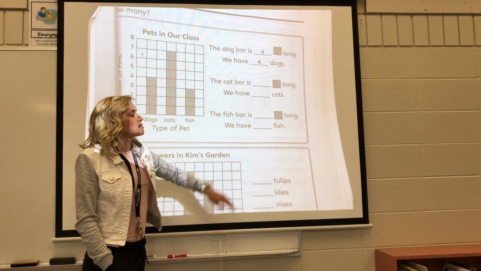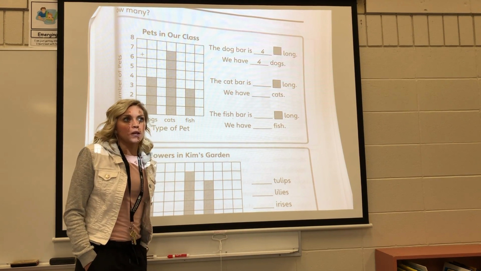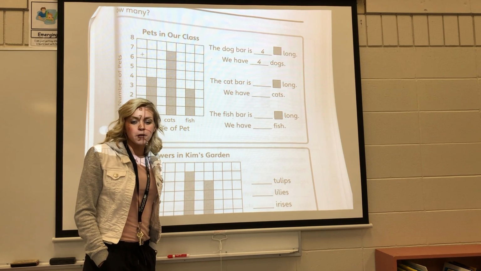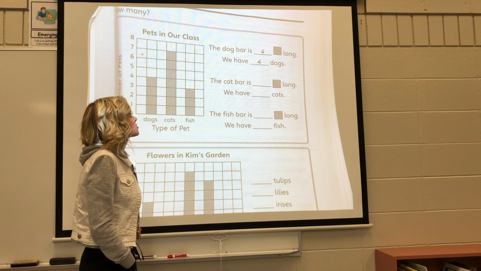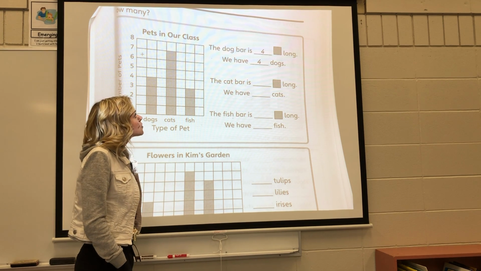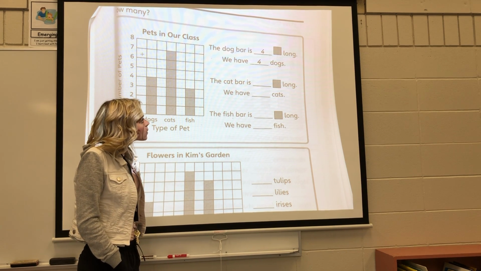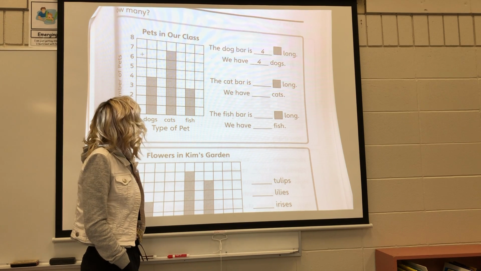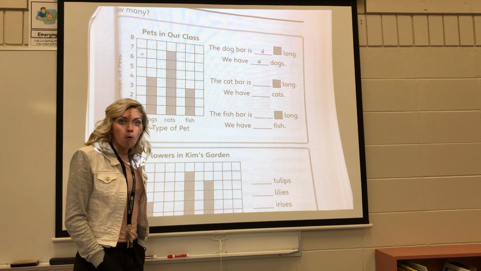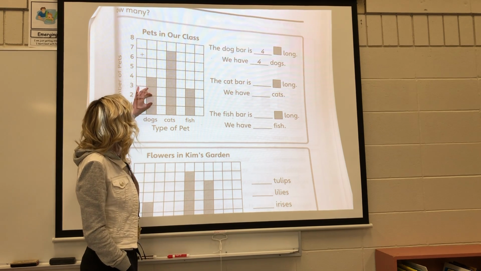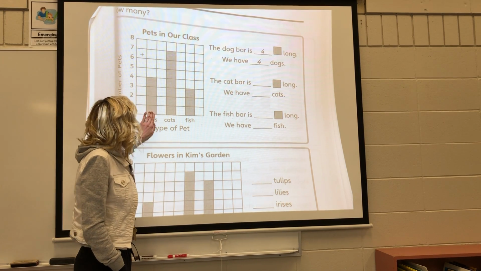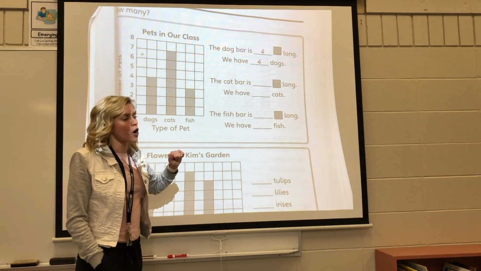And then on the right-hand side here, it's going to ask you to look at the graph and analyze the data. So figure out what the graph is telling us. They did the first one for you. It says the dog bar is 4 squares long. We have 4 dogs. So if there's 4 squares, that means that 4 people have dogs.